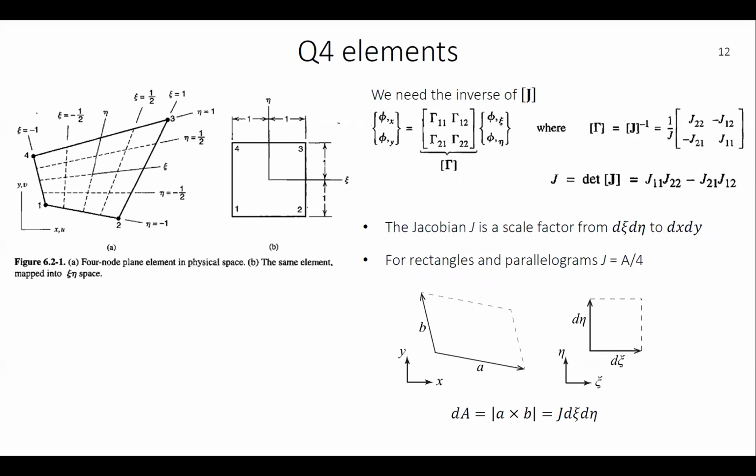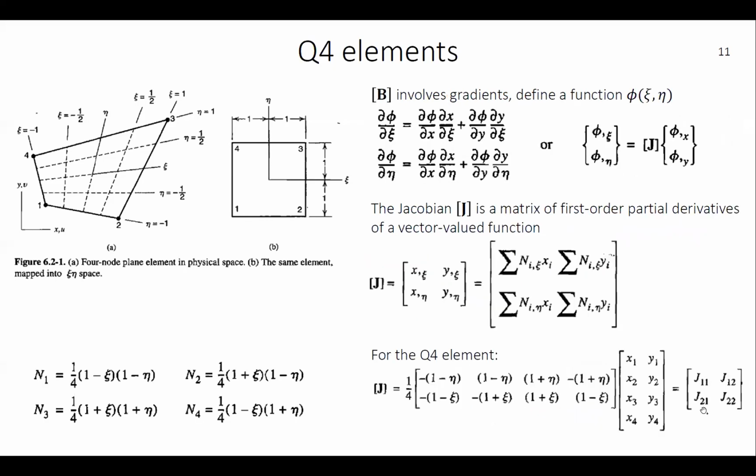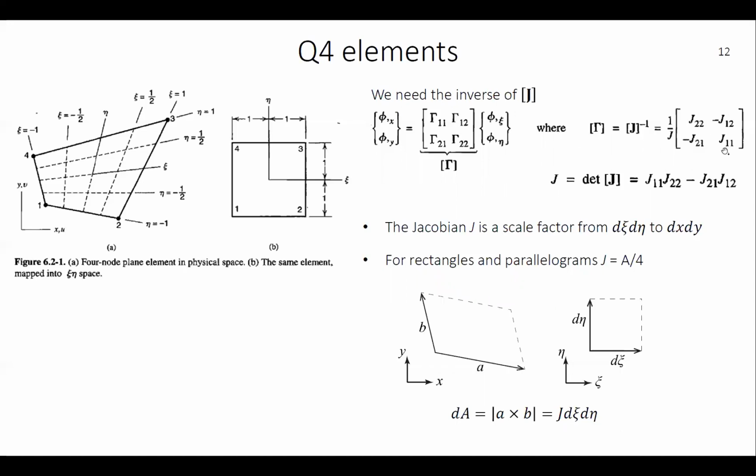This is also just basic linear algebra. So we have determined all these components, 11, 12, 21, and 22, out of these matrices. So then we can just operate on those in order to determine the inverse of this Jacobian.